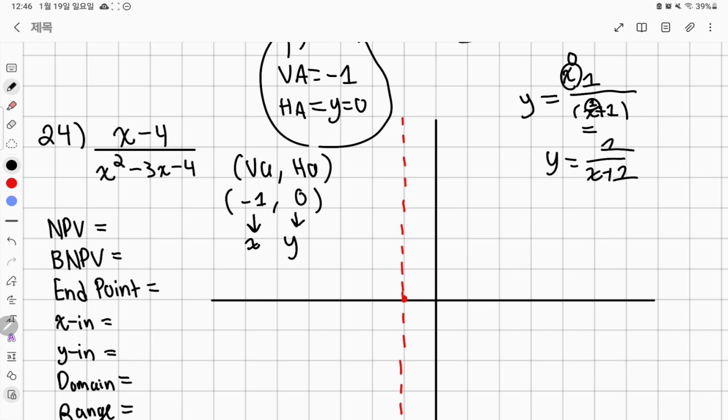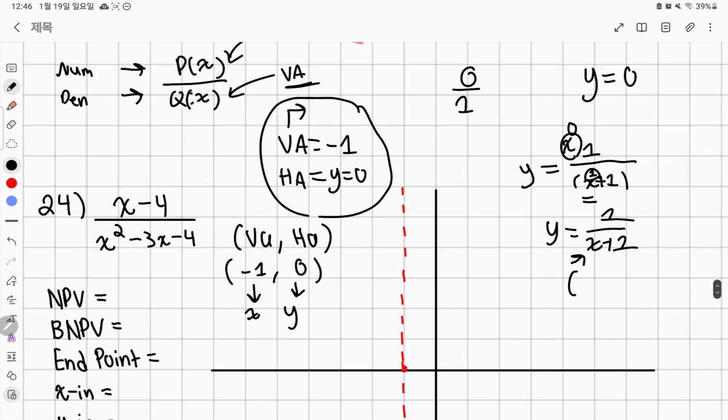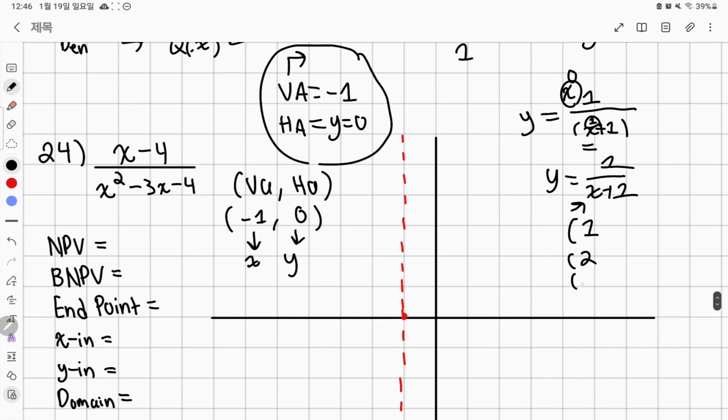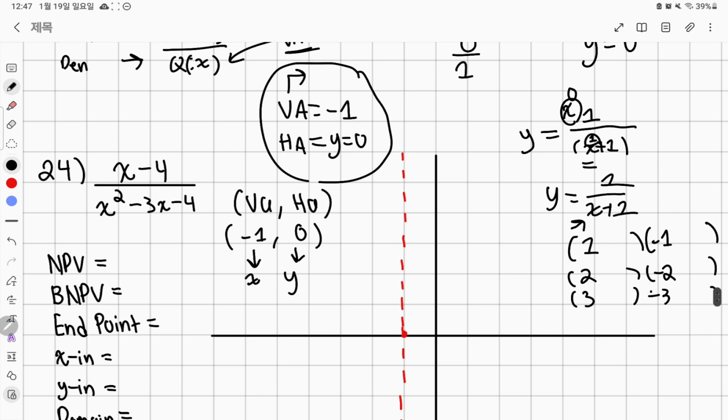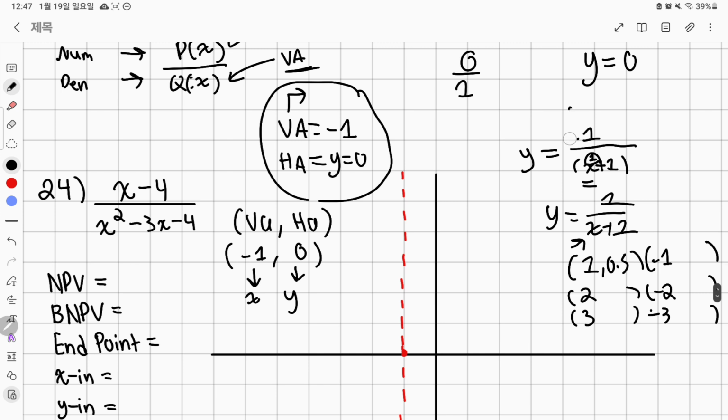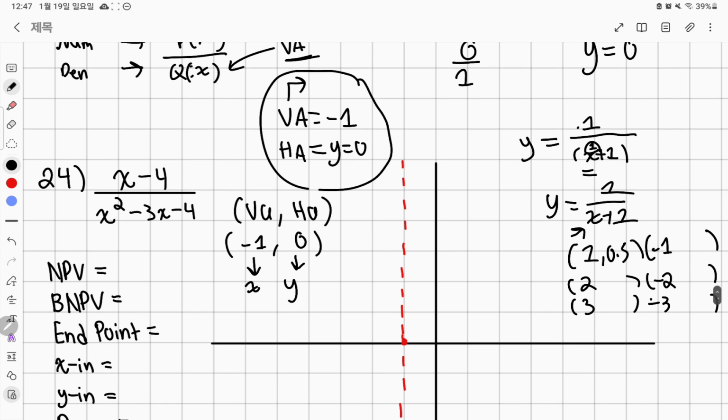Okay, so we're just gonna plug random numbers into this x. For example, like 1, 2, 3, -1, -2, -3. You guys know this is all x, right? What happens if I plug 1 into this x? What do we get? You guys can just use a calculator for this one. It's 0.5. Same thing. We just plug the numbers in. Okay, what happens if you plug 2 into this x?